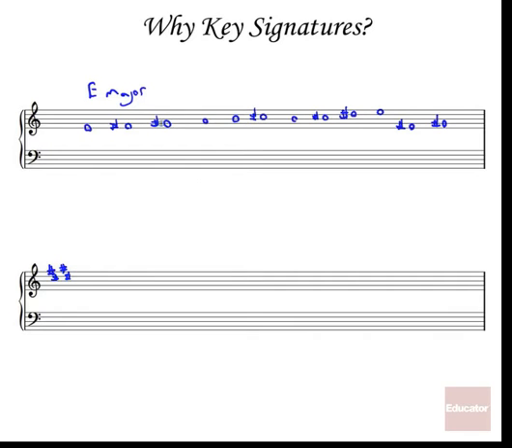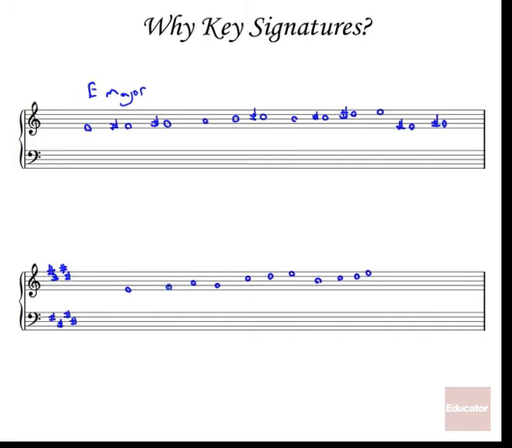So this music had an F sharp, a G sharp, a C sharp, and a D sharp. And then in the bass clef it would look like this. And now we can write these notes without worrying about adding accidentals to them, because it's understood that while we're in this key signature, this is not an F but an F sharp.